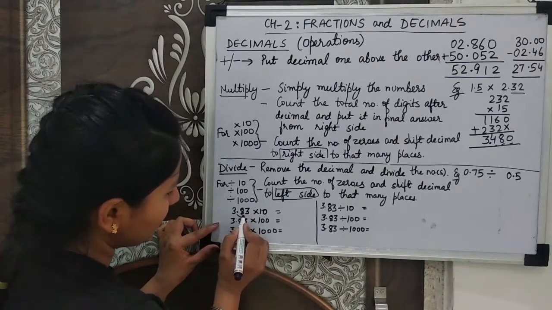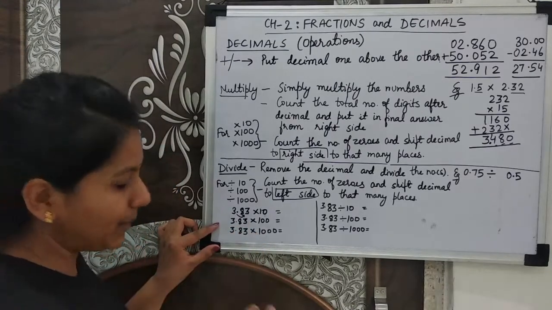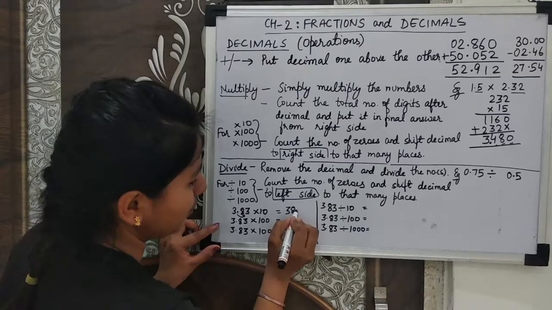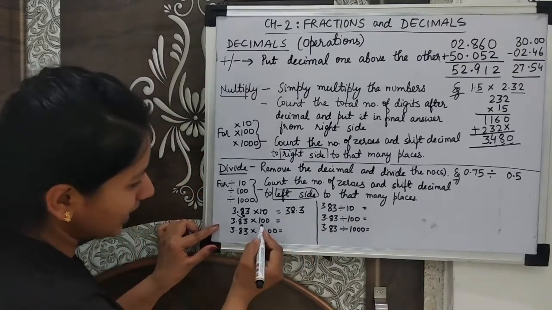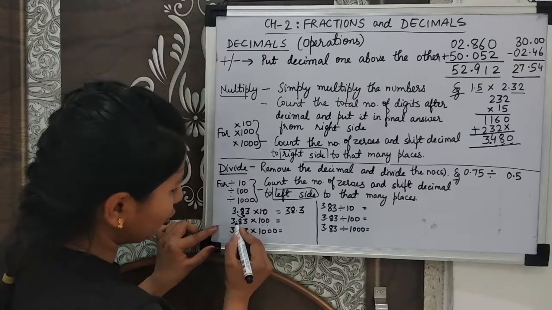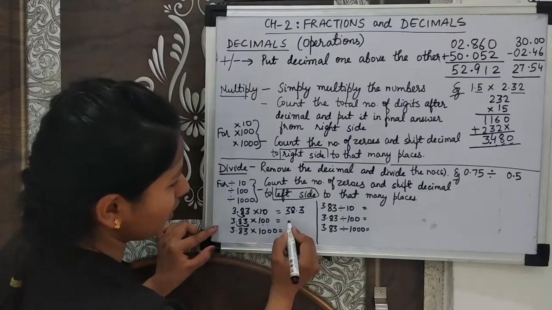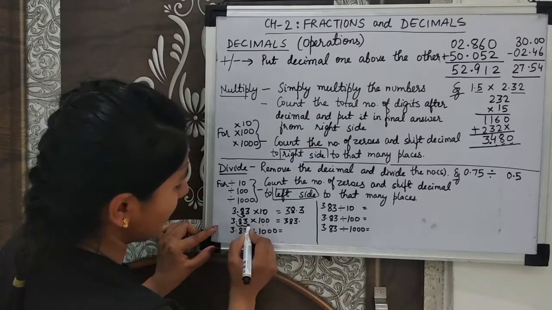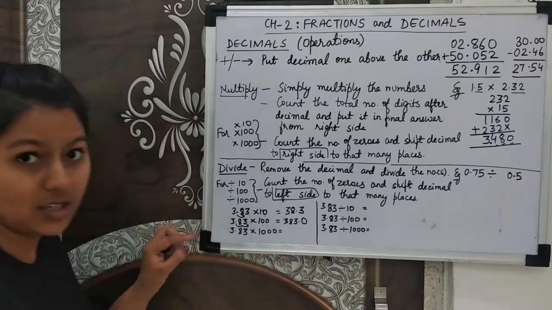The decimal will be shifted one place to the right side. So it will become 38.3. Now in the second case, how many zeros? 2 zeros are there. So the decimal will shift 2 places, 1 and 2. So it will be 383 point 0, this decimal has come here.